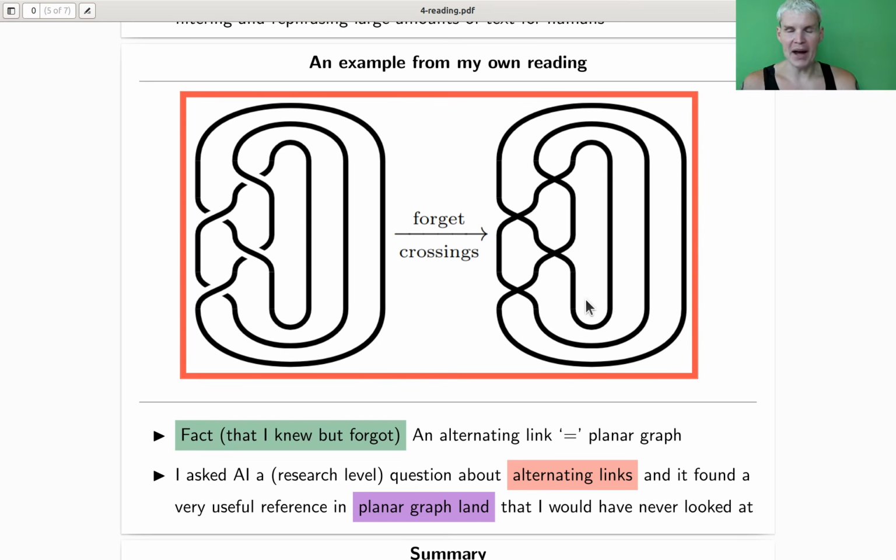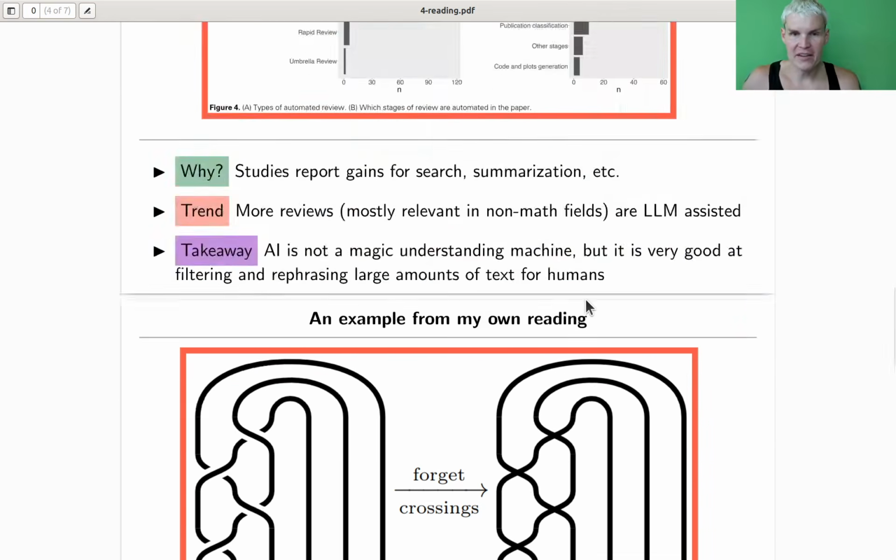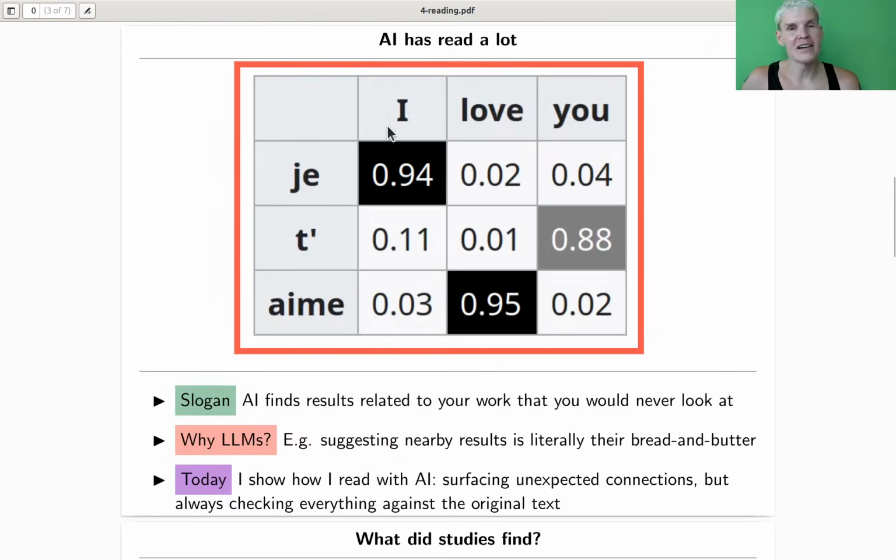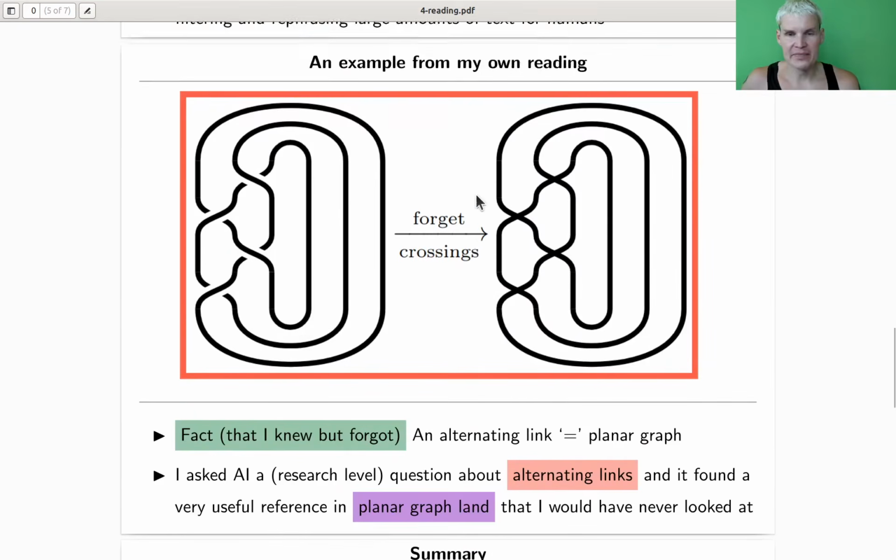And AI was smart enough to, that's what it's good at, right? Piecing together things that are related in some nice matrix. AI was smart enough to say, okay, your question is actually a question about planar graphs, which I could have figured out myself, but I didn't. It's a question about planar graphs, and it pointed me to a paper which did exactly what I needed.